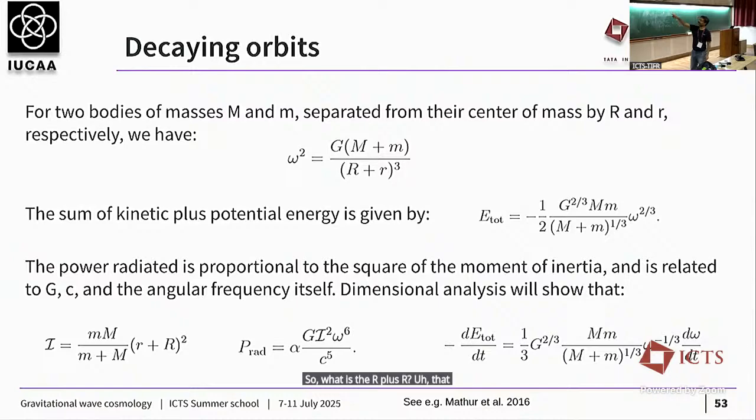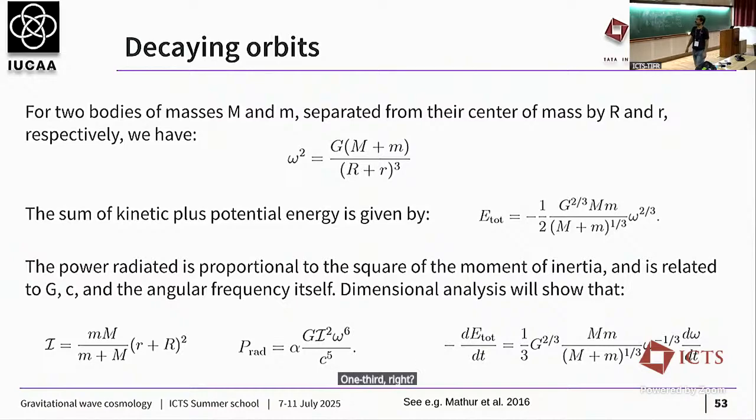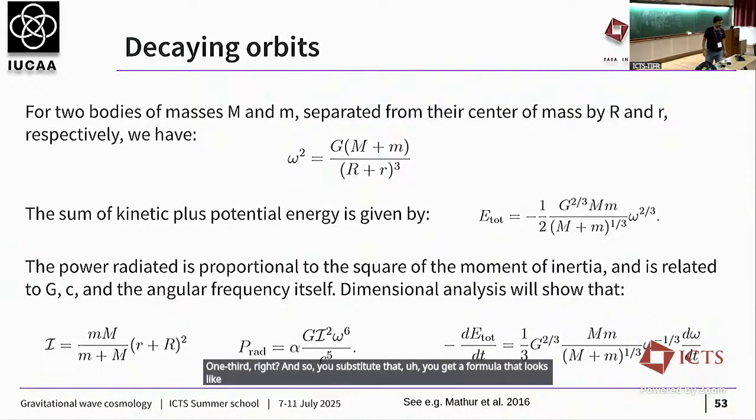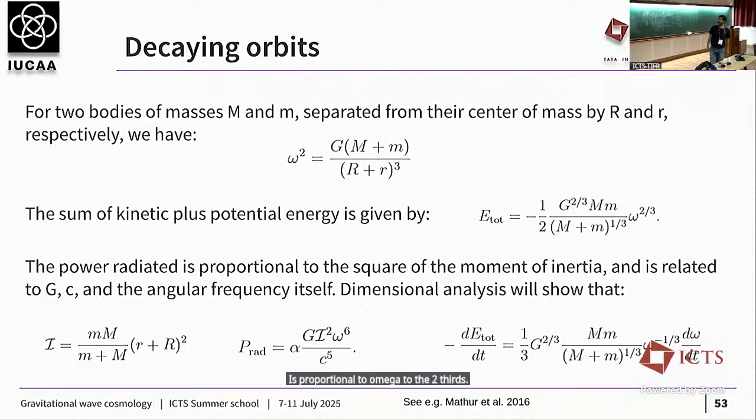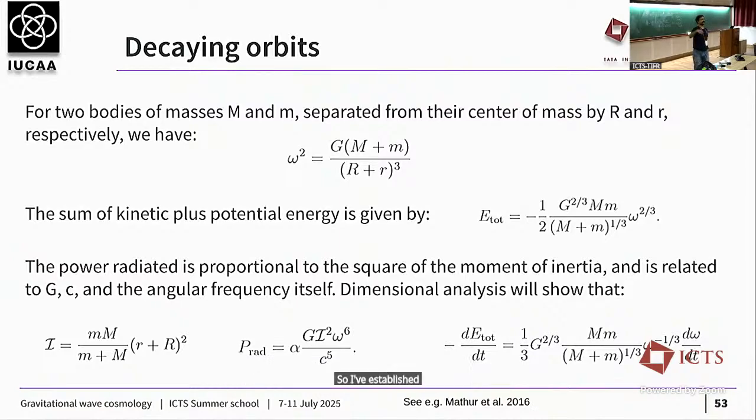That will be G times M plus m divided by omega square, the whole raised to 1/3. And so you substitute that, you get a formula that looks like this. The E is proportional to omega to the 2/3. Now you see all the separation dependence has completely gone. So I've established the energy in terms of omega itself.